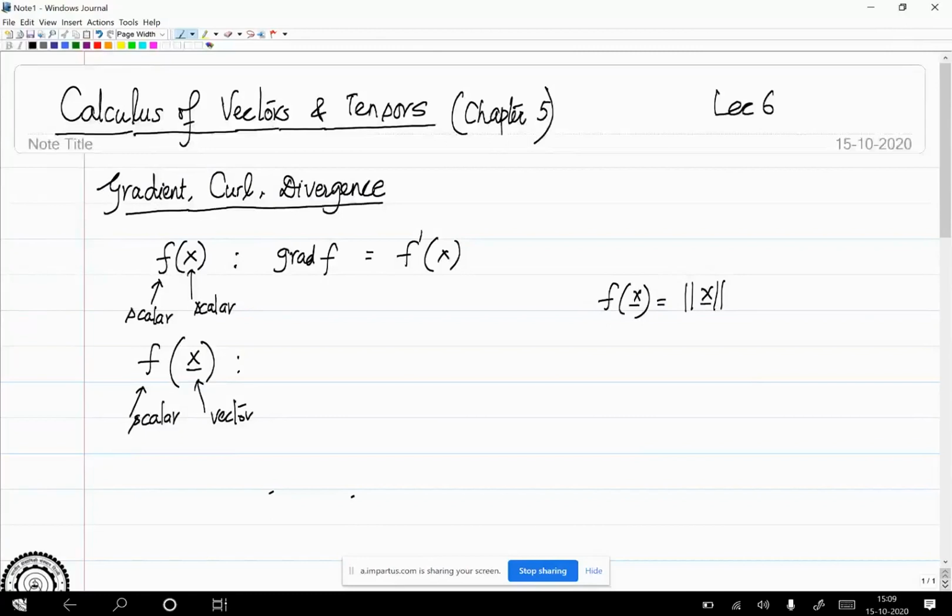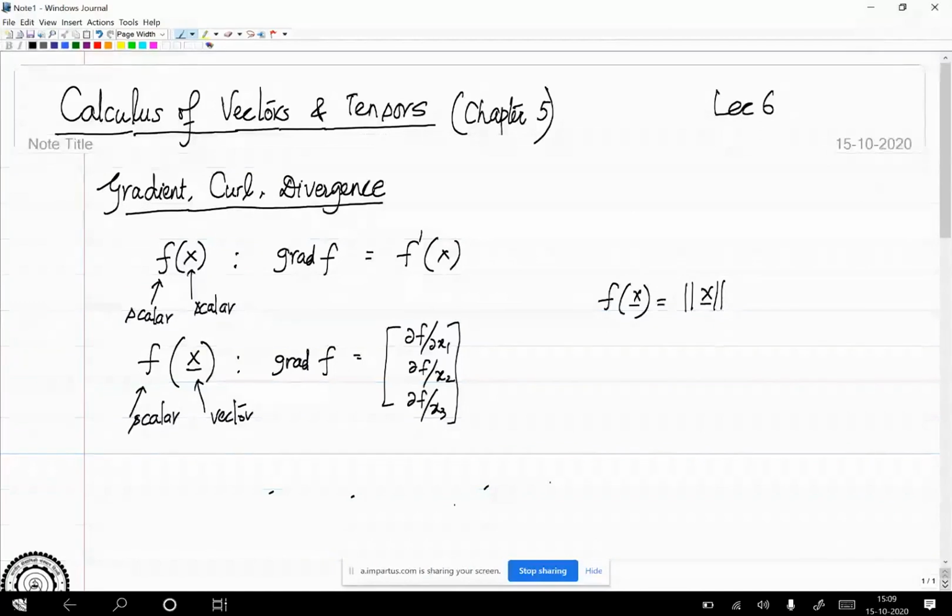Now, how do I take its gradient? This is something you may have seen in your first year mathematics course. We write in column: del f by del x1, del f by del x2, and del f by del x3. Isn't it? But you see, when you write in column, it is basically a representation of a vector in a particular coordinate system.